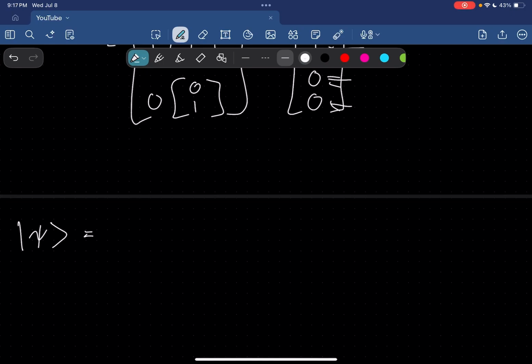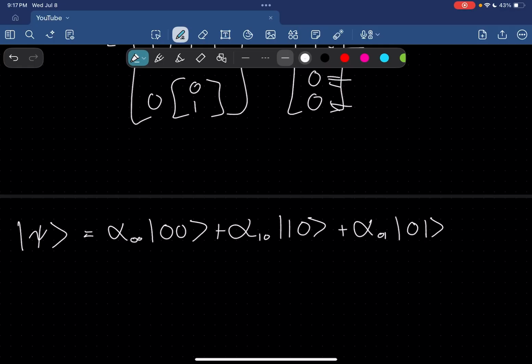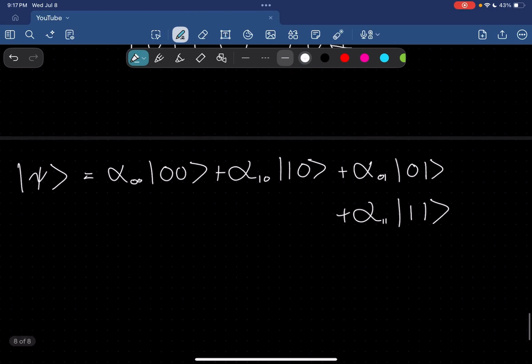quantum state, this would now be a linear combination, alpha 00, just like this.